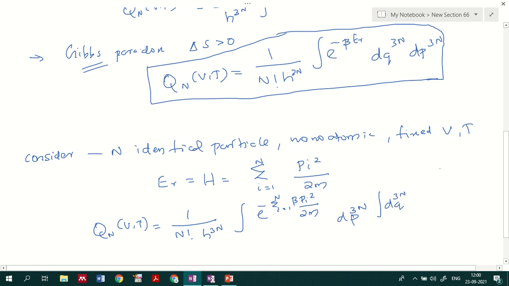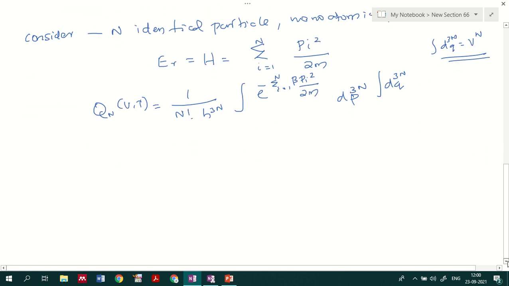We know what the integral of dq raised to 3n is, which we already identified when we discussed the classical ideal gas situation: it is v raised to n, where dq raised to 3n means the volume of that specific position space.